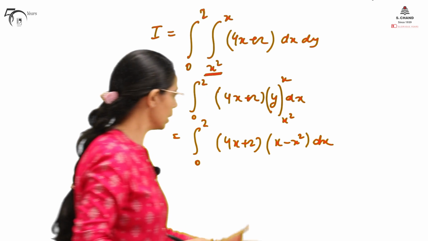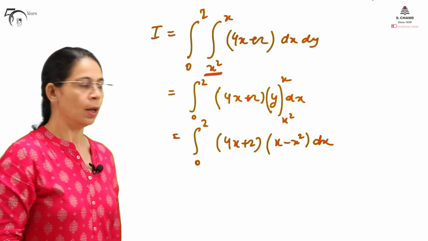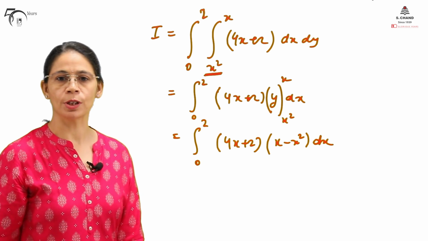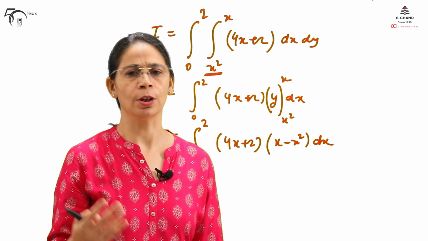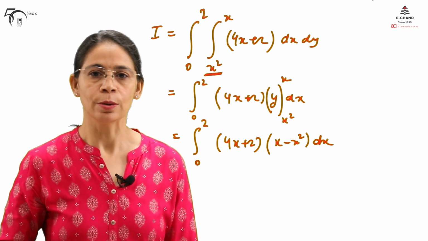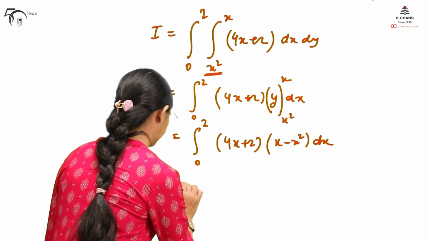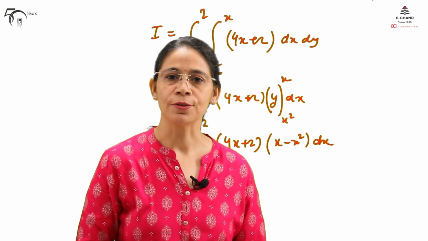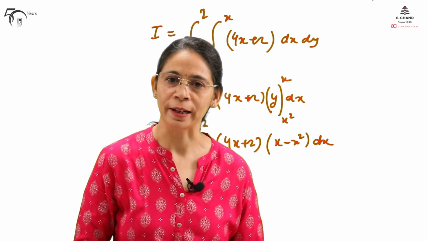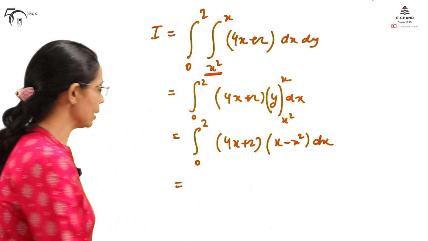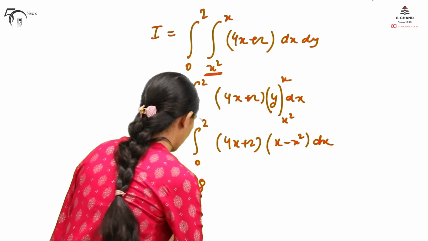The integrand is free of y now, and we are left with an integrand purely in terms of x. So you can easily integrate that, and after integration we will get some value. I keep this as an exercise for you, and I will tell you the final answer so that we can move to the next part. The answer needs to be 8.